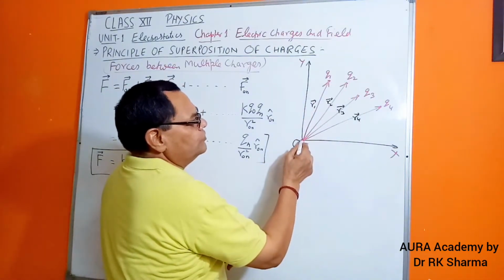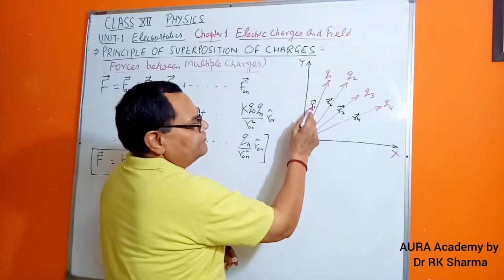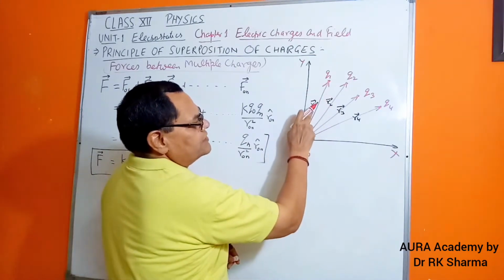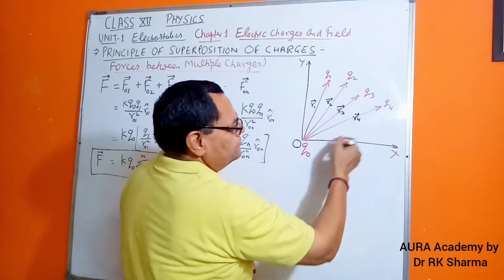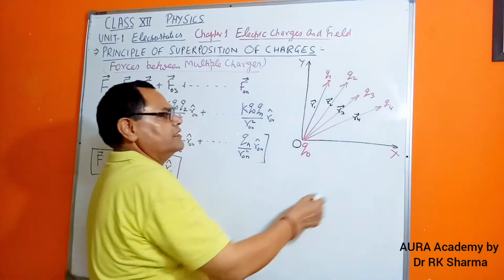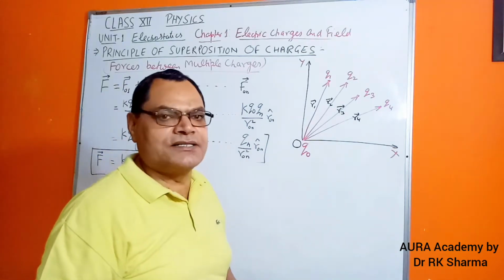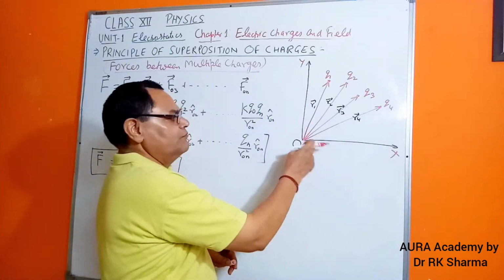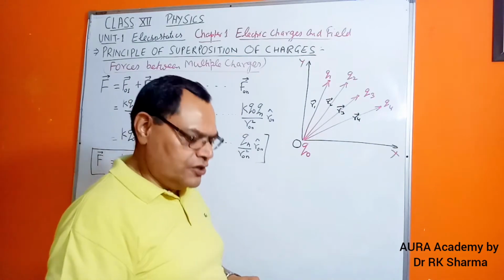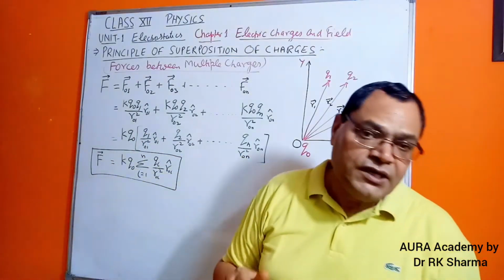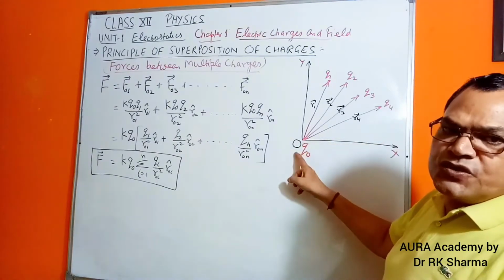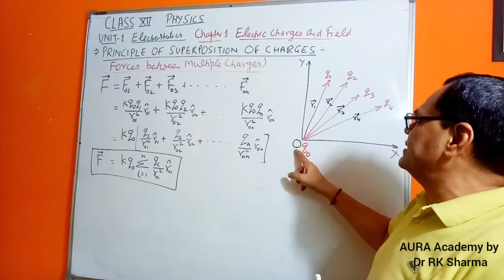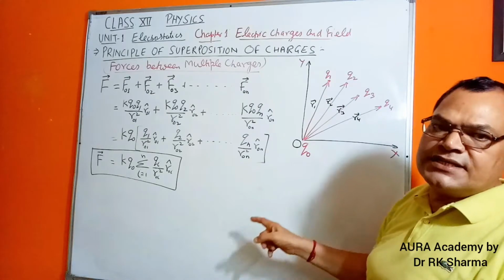From O, q1 is at a distance of r1, so its position vector is r1. q2 has position vector r2, then r3, r4, and so on. So we can consider n number of point charges around this point charge q0. Now the question is: what will be the total force at this point due to all these charges?